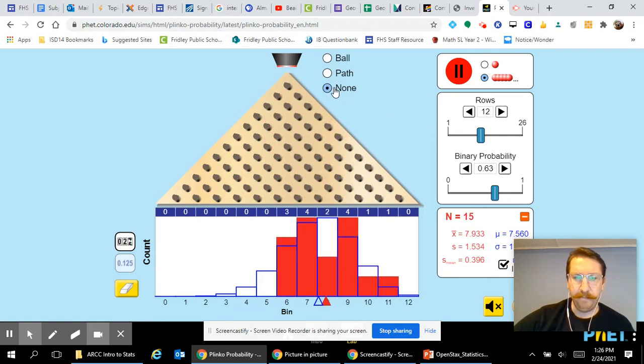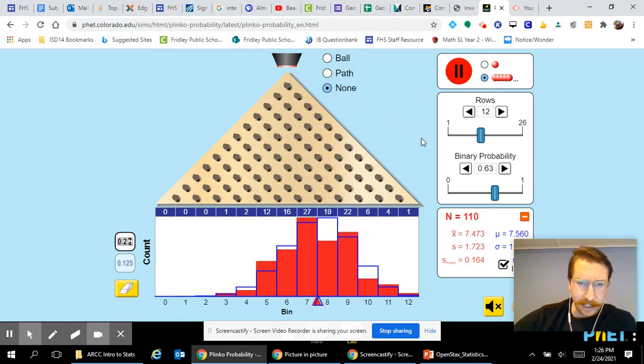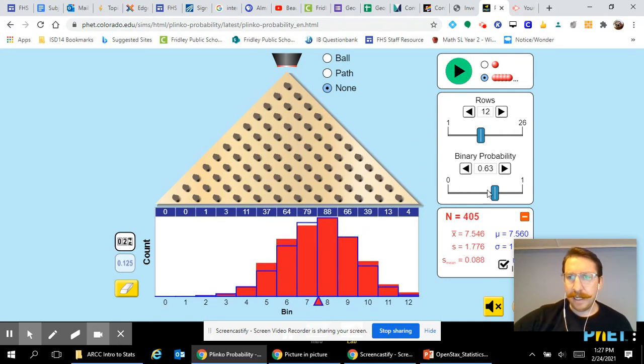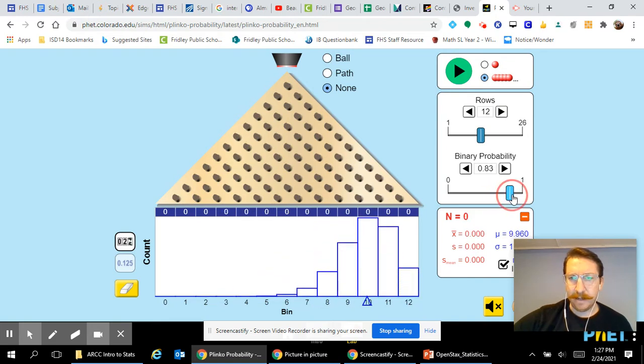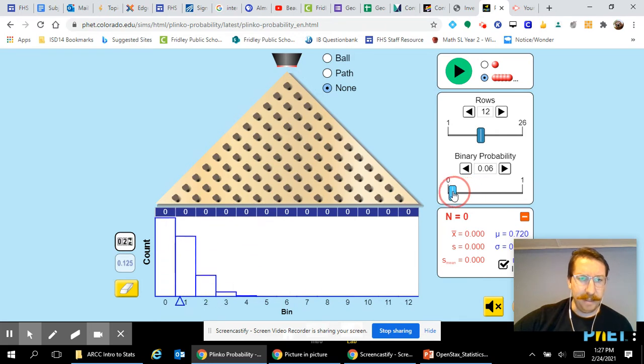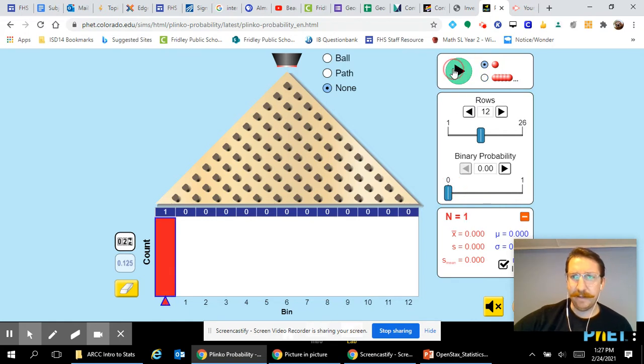Here you can see how at 63%, you can see more of that normal distribution. If I pause that, I can drag these probabilities around, and you can see how as I change the probabilities, it gets really goofy at like 0 chance of happening, because that's not very fun, right?